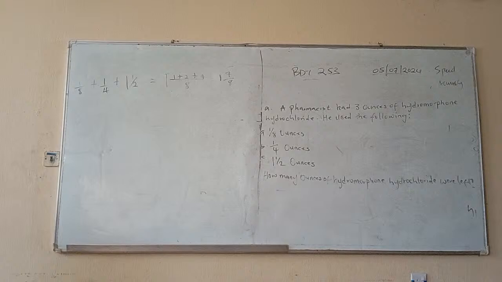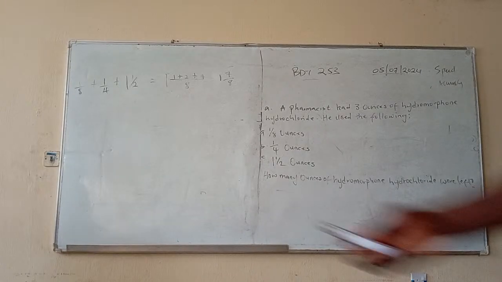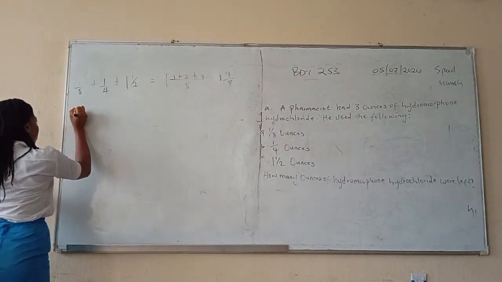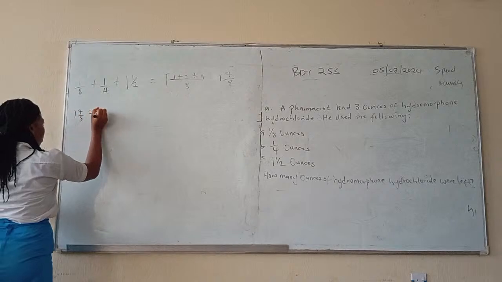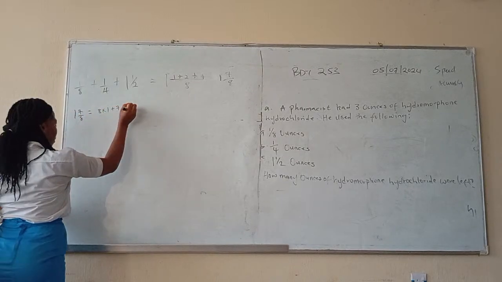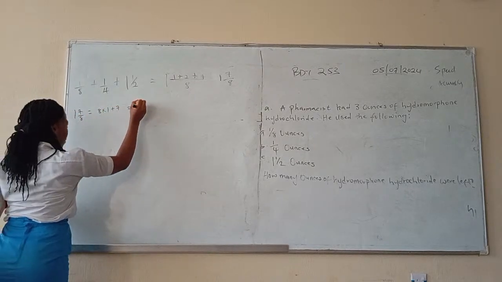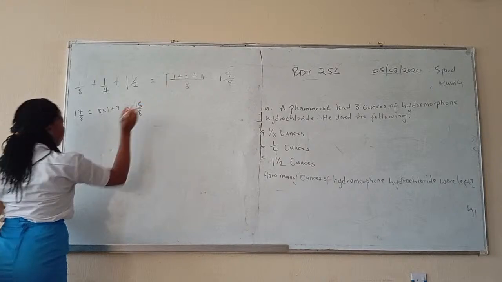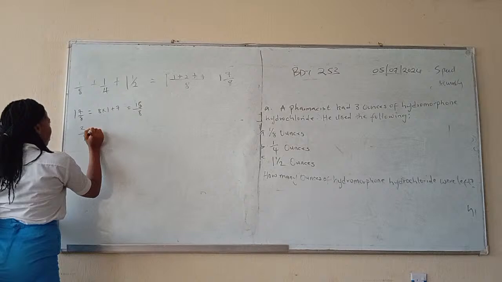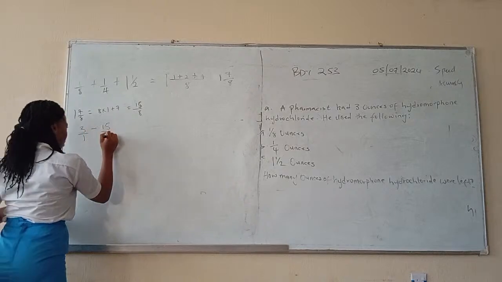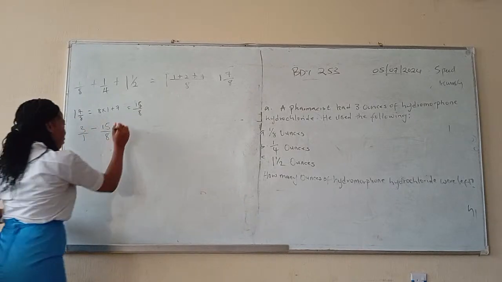So what did you get? She got 39 over 8. So changing it to an improper fraction, it becomes what? 4 over what?